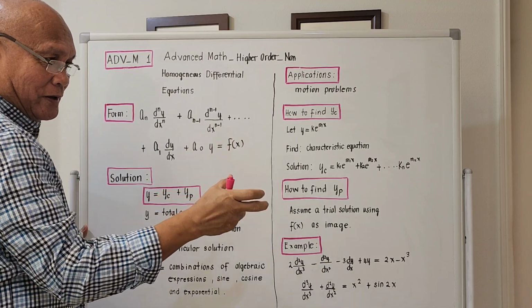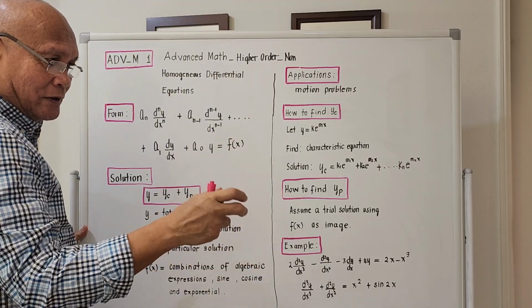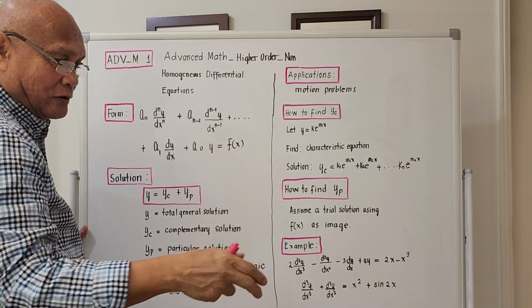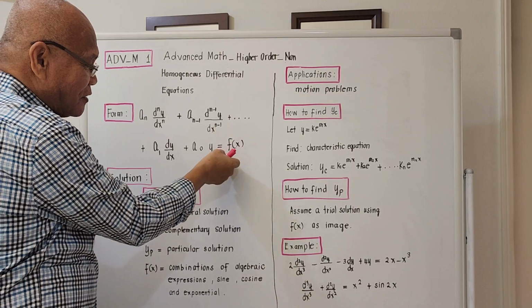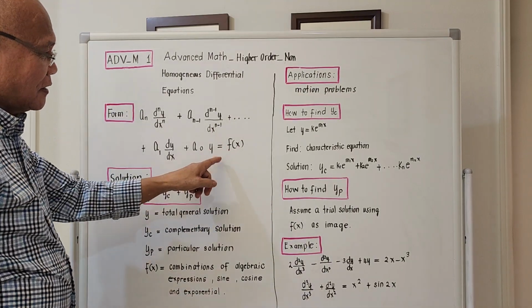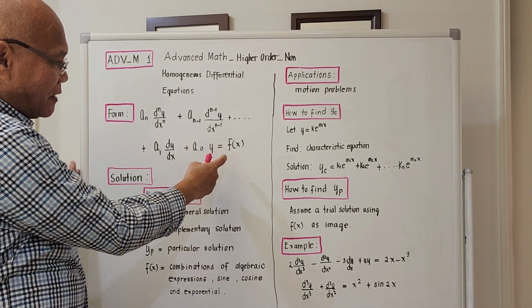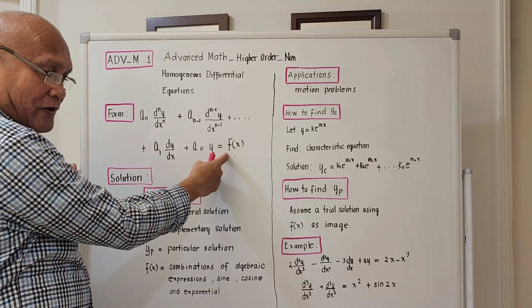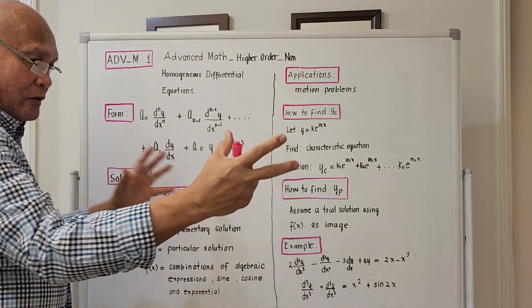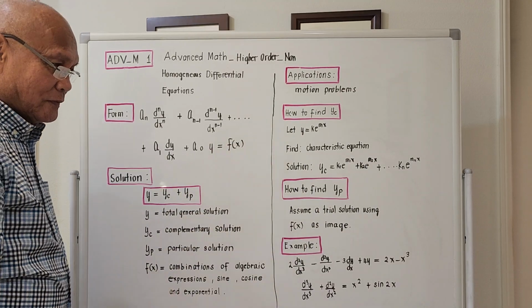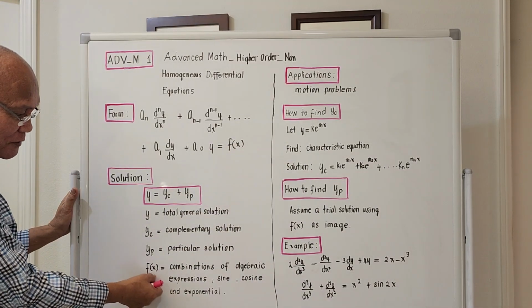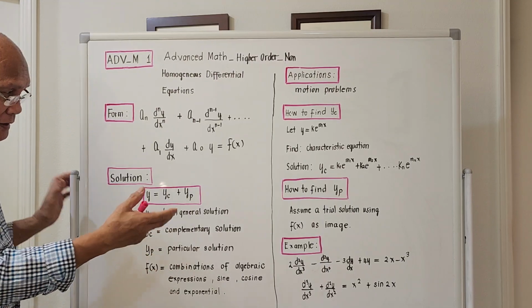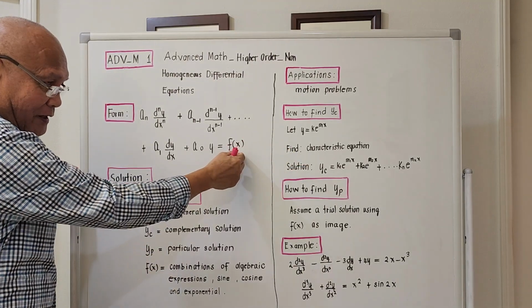So we are solving a differential equation which is of higher order, and the right hand side is not equal to 0. The right hand side is designated by small letter f as a function of x, meaning what will come out on the right hand side.